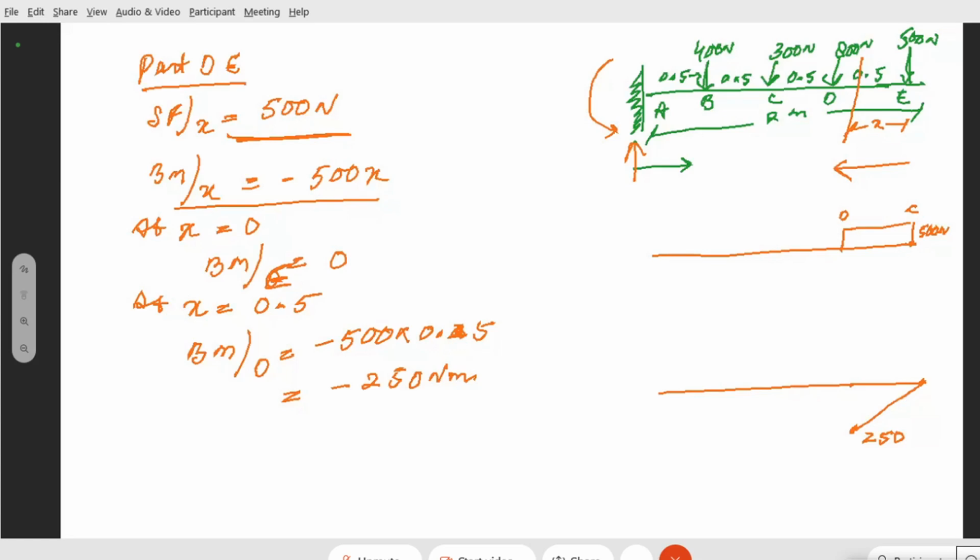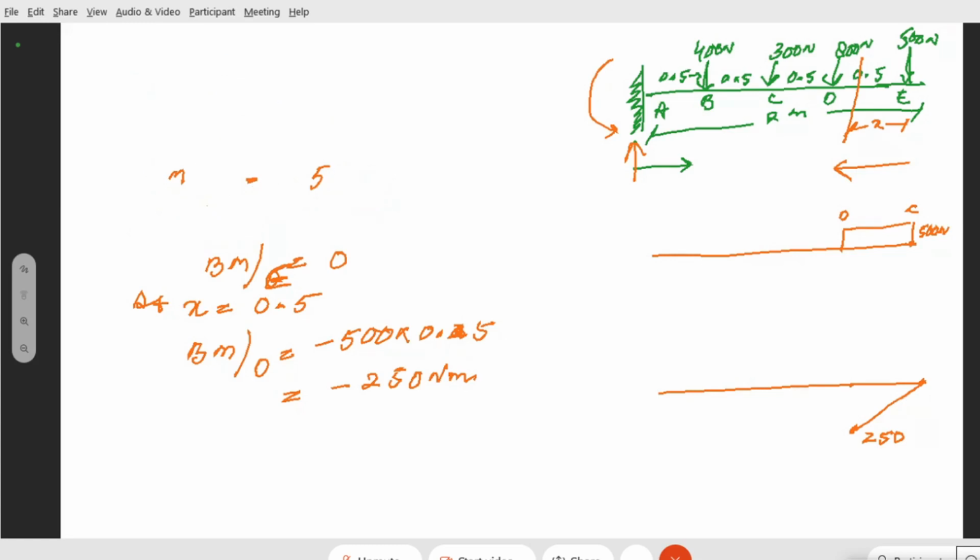Now, when you have to consider another section, which section? When you have to consider part CD, then in that case your value of X will change.